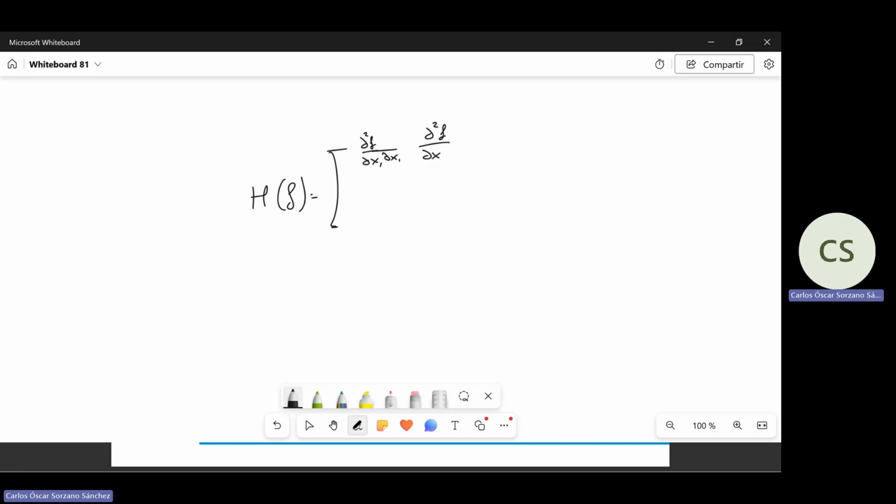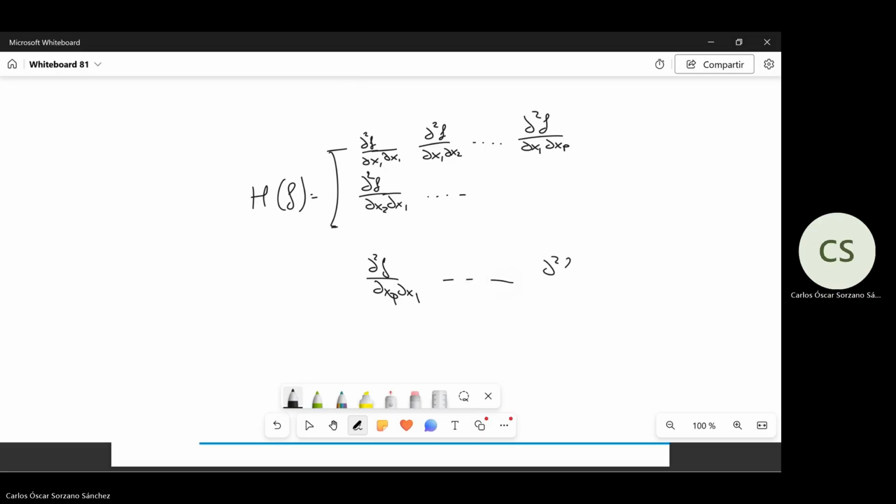Let's say it is this one. And here we would have second derivatives. It is this matrix. This matrix is encoding what is called the curvature of the function.